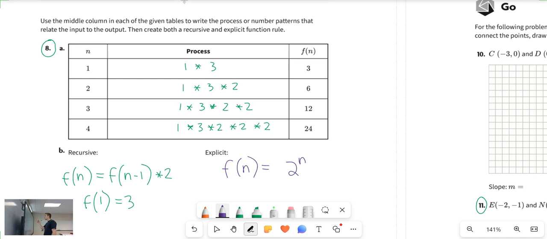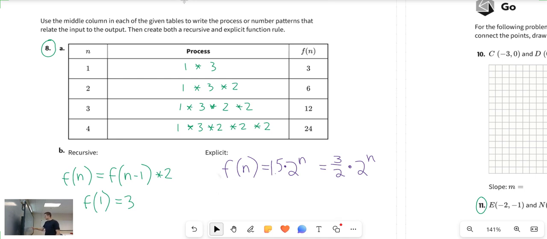But it's actually 3, which is 1.5 times as big, so we could write this as 1.5 times 2 to the n. Or we could write it as 3 over 2 times 2 to the n. Now these are the same thing because 1.5 and 3 divided by 2 are the same. Yeah, that's going to be our explicit rule.